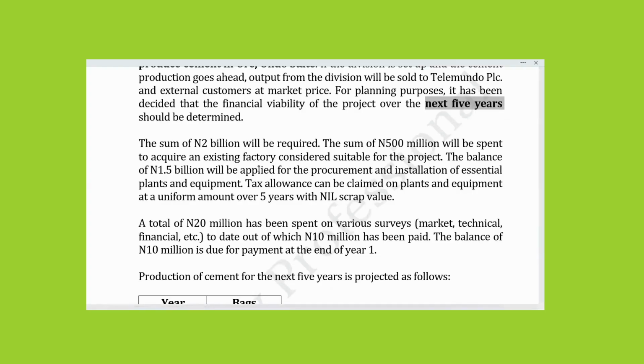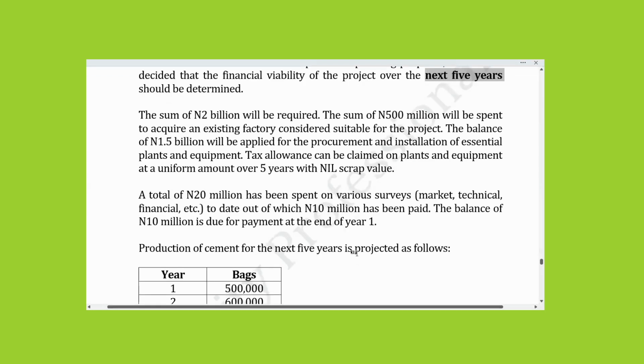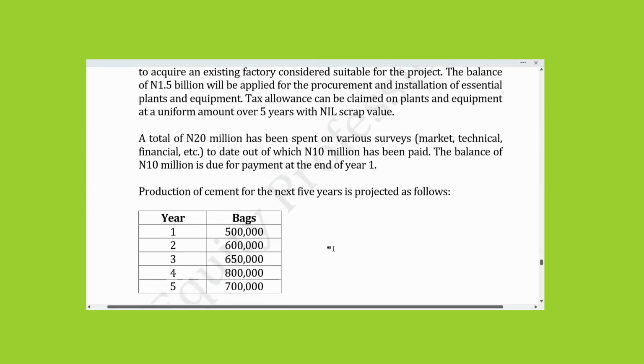The balance of 1.5 billion will be applied for the procurement and installation of plants, and tax allowance can be claimed on plant and equipment at a uniform amount over 5 years with nil scrap value. A total of 20 million has been spent on various surveys, markets, technical, financial, etc. to date, out of which 10 million naira has been paid. The balance of 10 million naira is due for payment at the end of year 1.